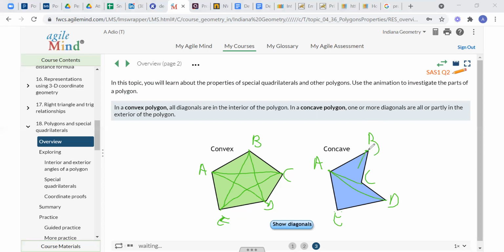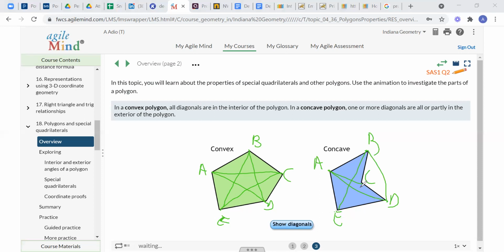B to E, it's inside the polygon. But if I trace B to D, this particular diagonal is entirely outside this blue surface. So since diagonal BD is outside this polygon, then this polygon is said to be concave.